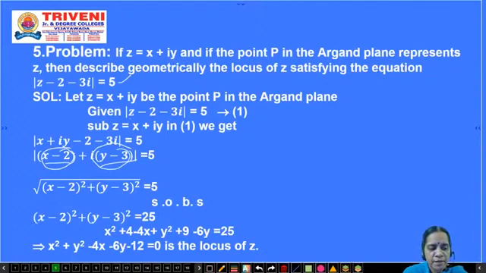Squaring on both sides, then x minus 2 whole square plus y minus 3 whole square is equal to 25. This is in the form of a minus b whole square, and this is also in the form of a minus b whole square. Then it can be expanded. This is the locus of z.